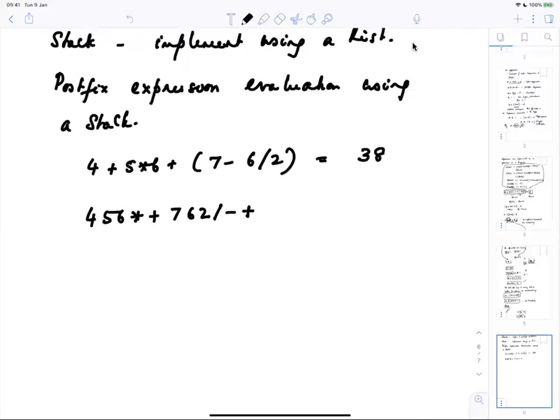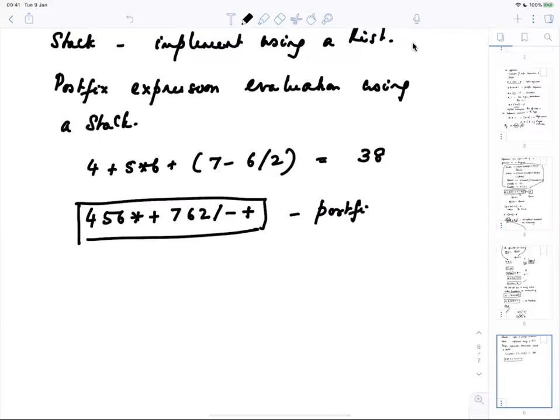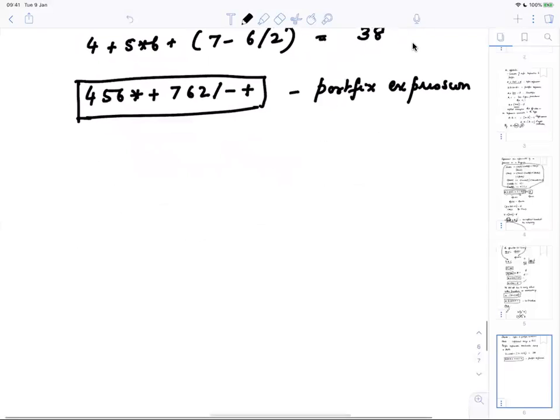Okay. So this is the expression that I have. So this is our postfix expression. Now this postfix expression, how do we evaluate? Let's see how we can evaluate this.